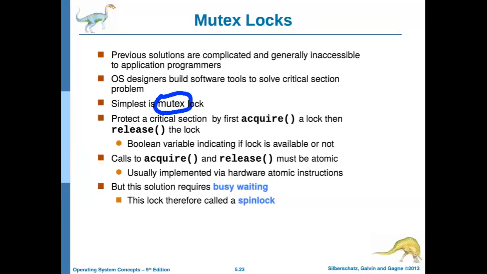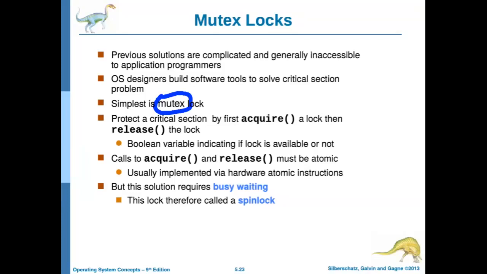Use it, and once you're done using it, release the lock. Previously also we did the same thing at a logical level, but we are making use of sophisticated hardware instructions which will be available to the end user. A better option is that this software tool has to be in the operating system design.